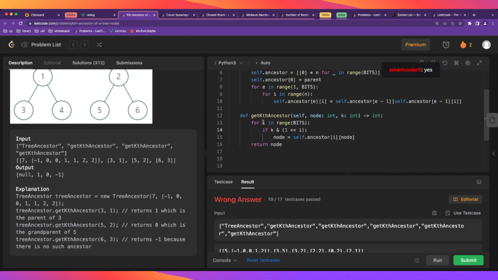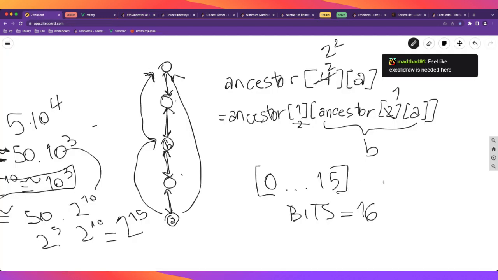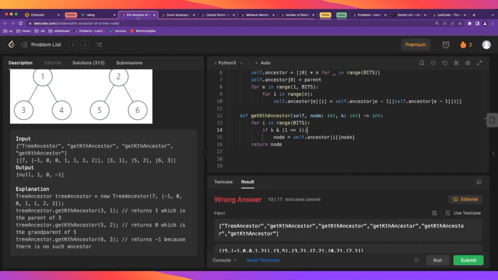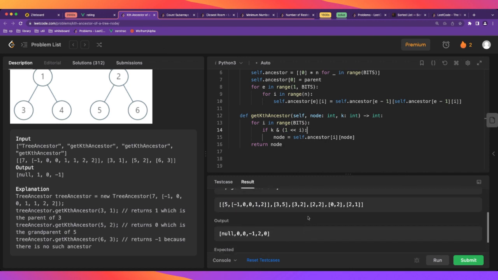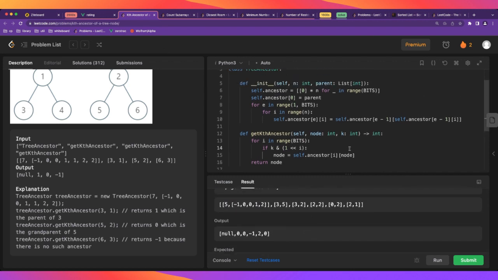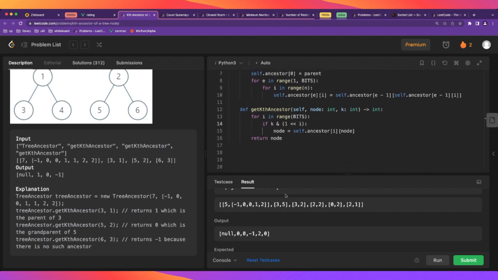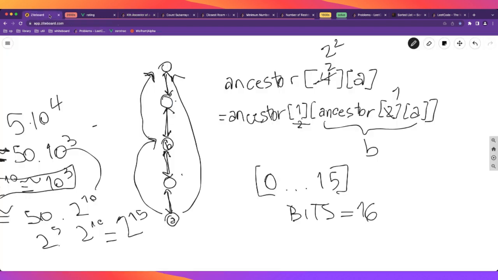So what we are doing is we are considering all the powers of 2 that... We are going over... so what was the k here? So k is 5 here.